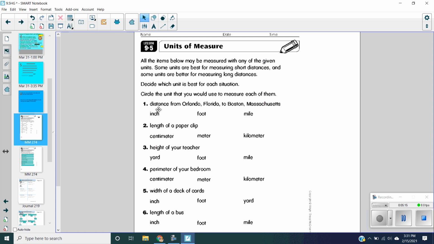So when you're looking at number 1, the distance from Orlando, Florida to Boston, Massachusetts, what do you think would be best? Inch, foot, or mile? What would you use to measure that? And circle your answer. Then can you read the next 5 questions to decide which would be the best? Why don't you press pause to solve and then play when you're ready to check.